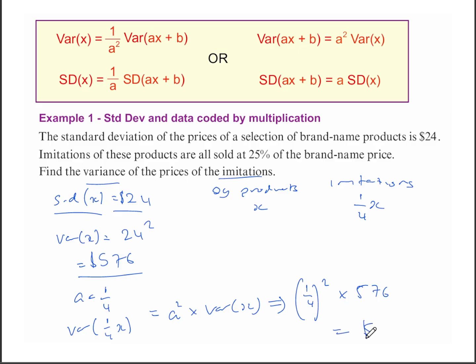And this gives us $36. So $36 is the variance of the prices of the imitations using this formula here, where the variance of AX plus B, where here A is 1/4 and B is 0, is equal to A squared, which is a constant multiplied to get that coded data, which is 1/4, times variance of X, which we got to be 576 by squaring the standard deviation.